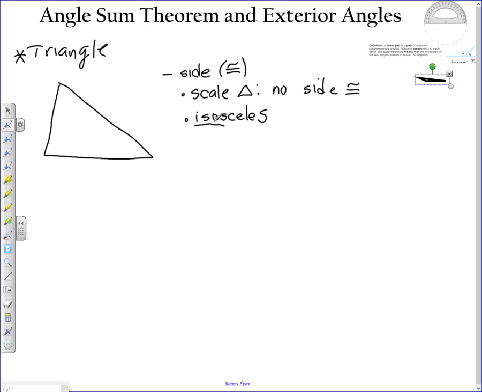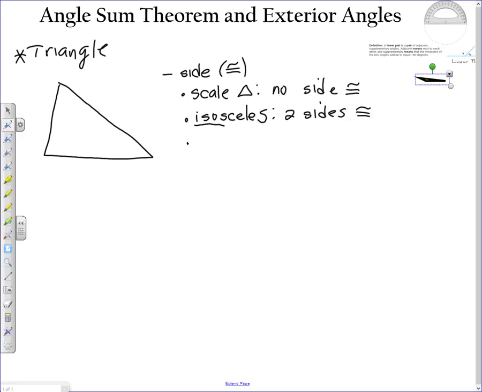So, for example, isothermic is a chemical reaction where the temperature is the same, or isobaric, where the pressure is the same. So isosceles means two sides are the same. So two sides are congruent.